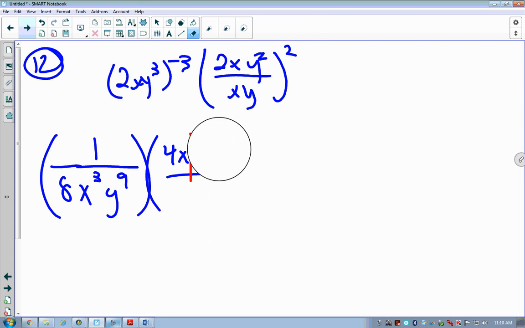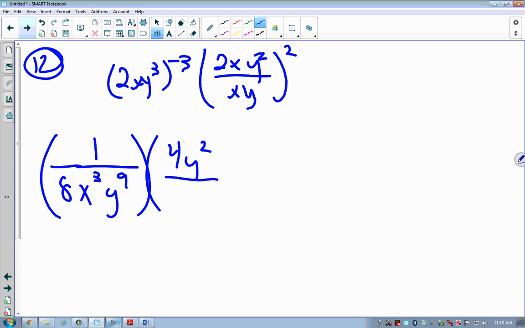So I can change this to be 4y squared over 1, correct? Now I want to multiply. So I'm getting 4y squared over 8 x cubed y to the 9th.